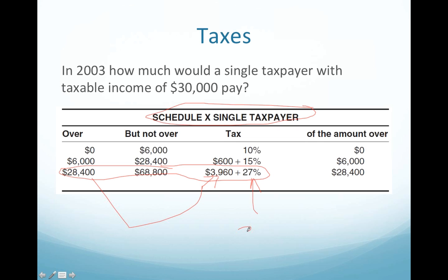So that 27% is based on 30,000 minus 28,400, which you end up with 1,600. So they're going to pay 27% on 1,600, and then you'll add that to the 3,960, and that'll give you their taxes.